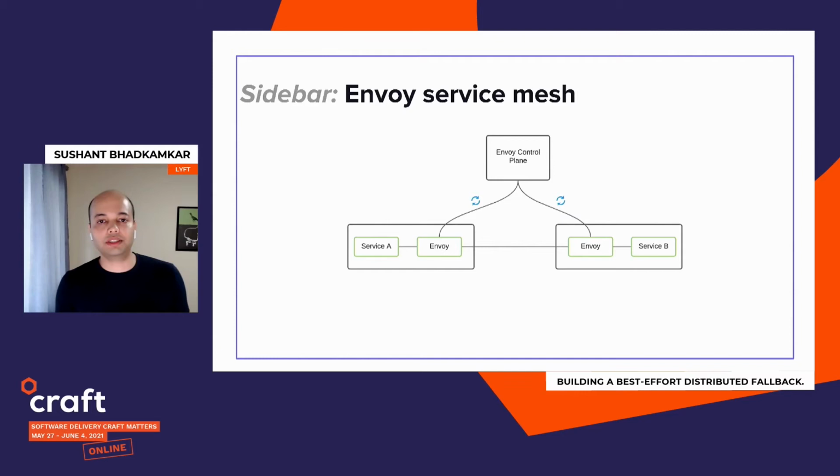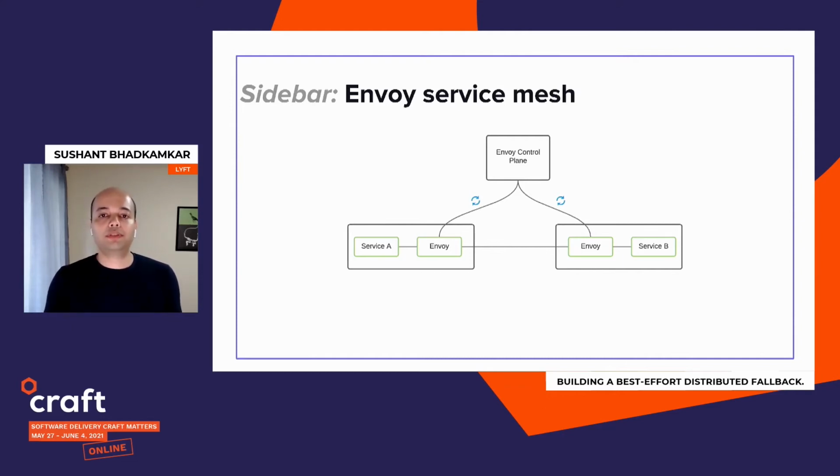So all the requests going out of your service and coming into your service go through the Envoy sidecar. The sidecar on Kubernetes can be another container that's running right next to your service container in the same pod.